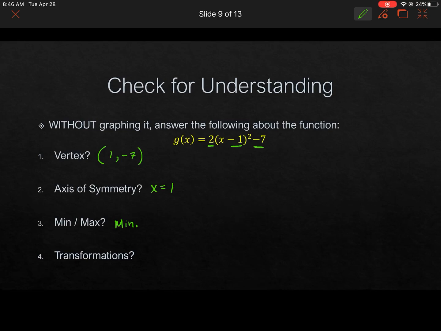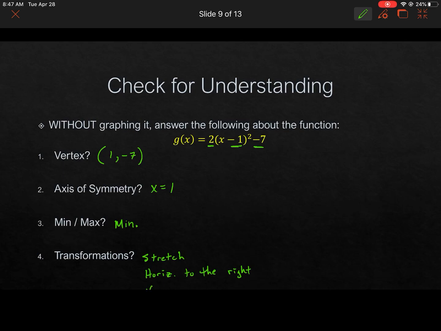And what other transformations? Well, I know my a is positive, so it's not reflected, but it is a 2, which is bigger than 1. So this is actually going to be a stretch. Okay? It's also been shifted horizontally to the right, because it's a -1, so it's been shifted +1.